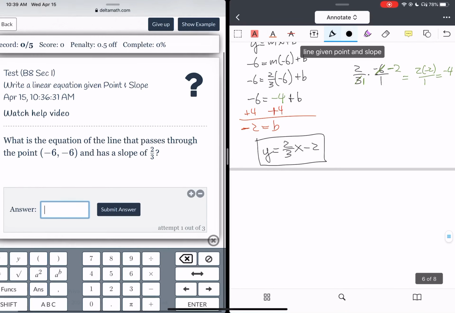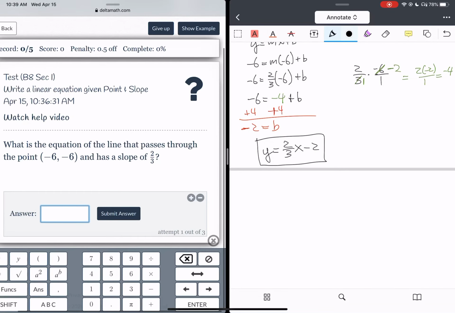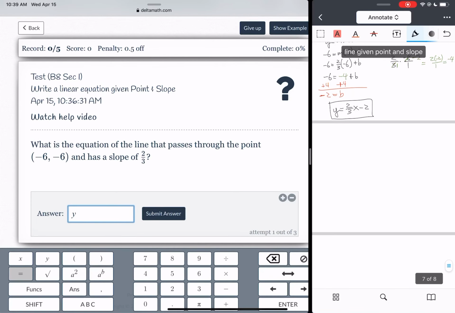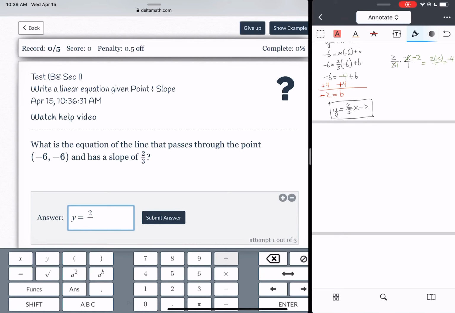So in my answer, I'm going to do y equals 2 divided by 3, and then arrow out x, minus 2.